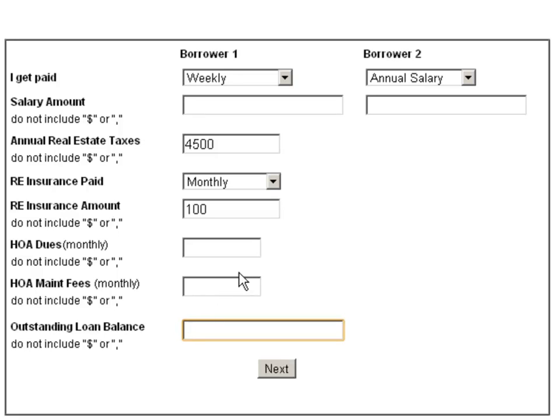Okay, and you also want to include any back fees or legal fees that may be due. So you can either get this information from your most recent mortgage statement, but if the mortgage statement is more than 2 months old, what you may want to do is actually contact your servicer and ask them for what they have as a payout amount, okay, or the amount due.